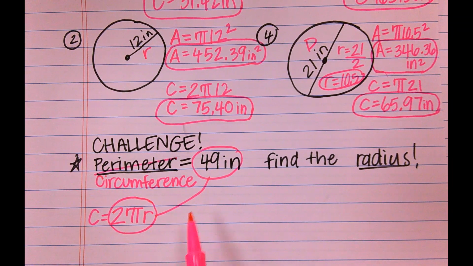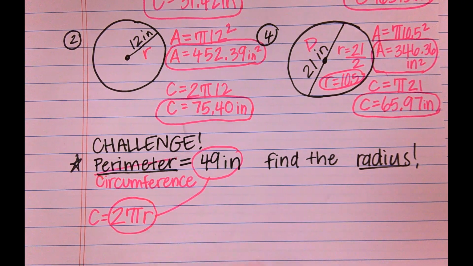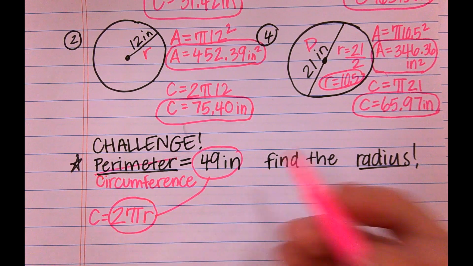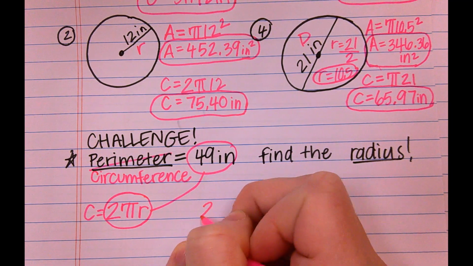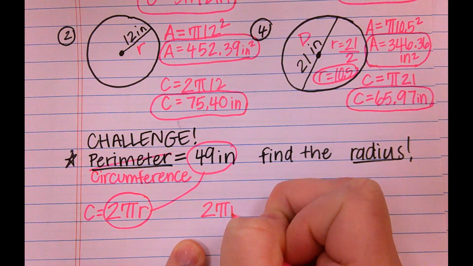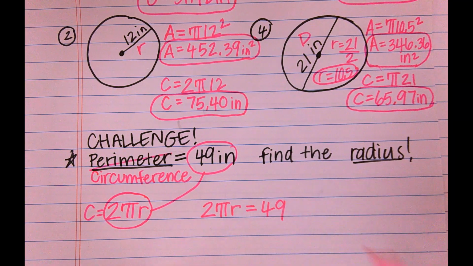Because they are. This is my circumference formula. Now we have radius that we can solve for. So this is the equation we'll set up: 2 pi radius equals 49.